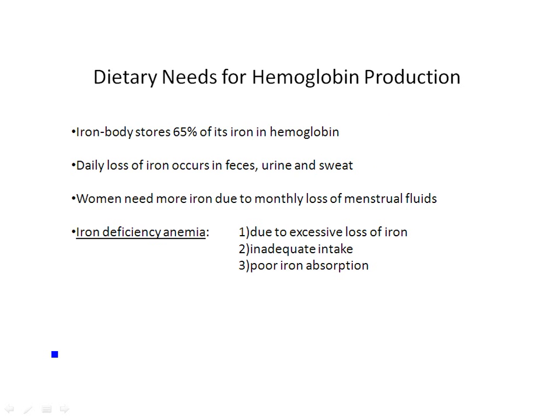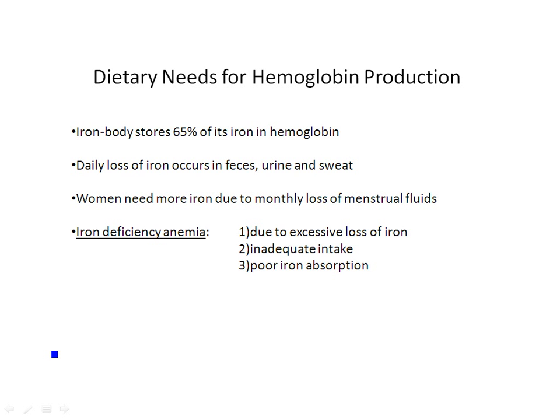You have daily losses of iron, though, that occur through your feces, urine, sweat. You just naturally lose some of your iron, so you're going to need to replace it with dietary intake of iron. Women will need much more iron than males because women have a monthly menstrual cycle and they lose blood and therefore they lose more hemoglobin, more iron. And so they're going to need more iron than males.